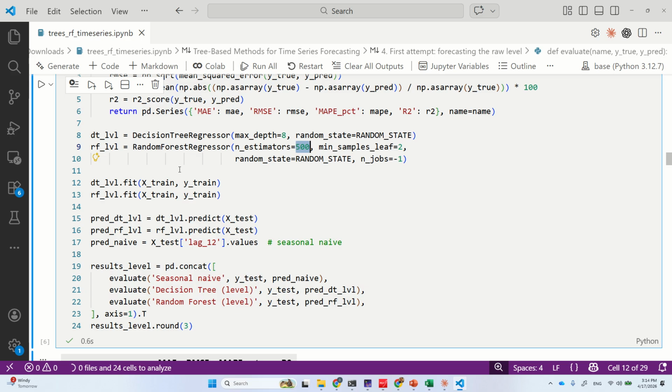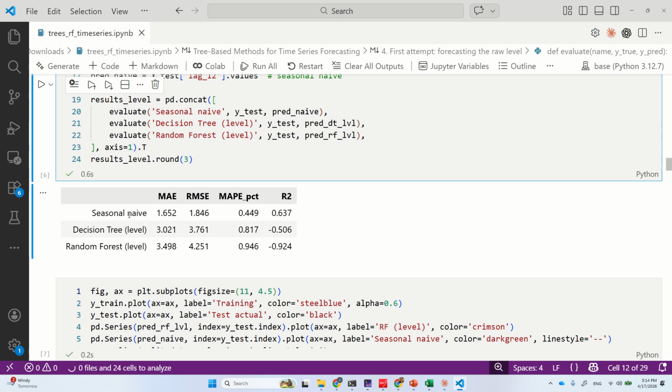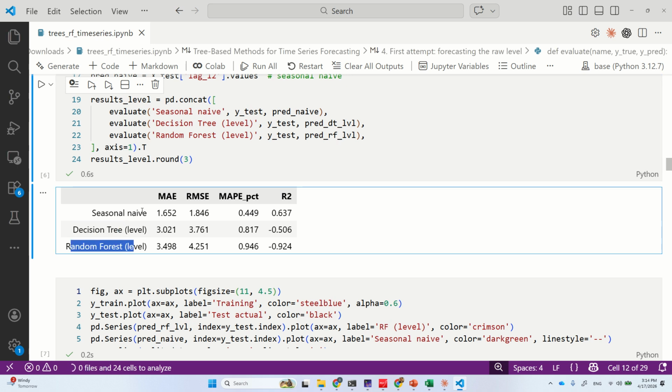Okay, so we provide the data. So we have train and test, and we get here the performance. For the comparison here of the decision tree and the random forest, we have a seasonal naive. It's very basic.